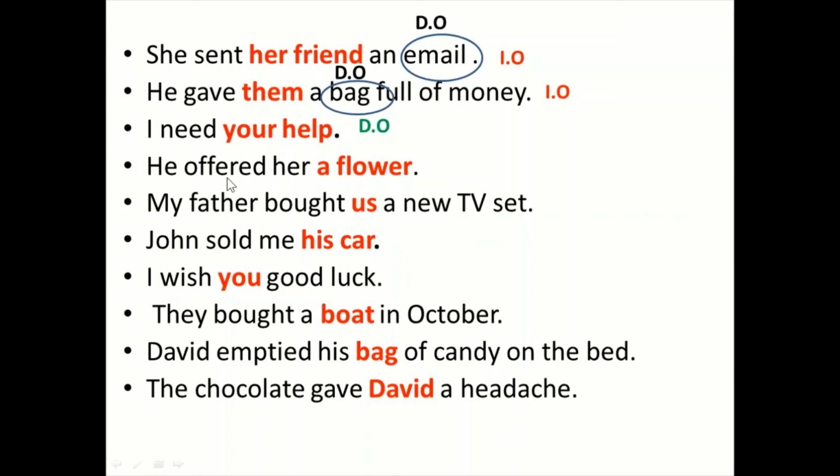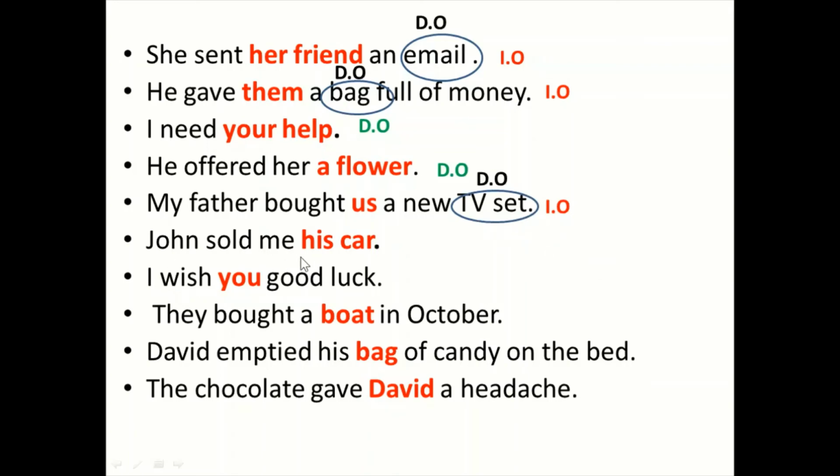We offered her a flower. Offered what? A flower. Direct object. My father bought us a new TV set. This is our word. Bought what? TV set. So us is here indirect object. Direct object is TV set.